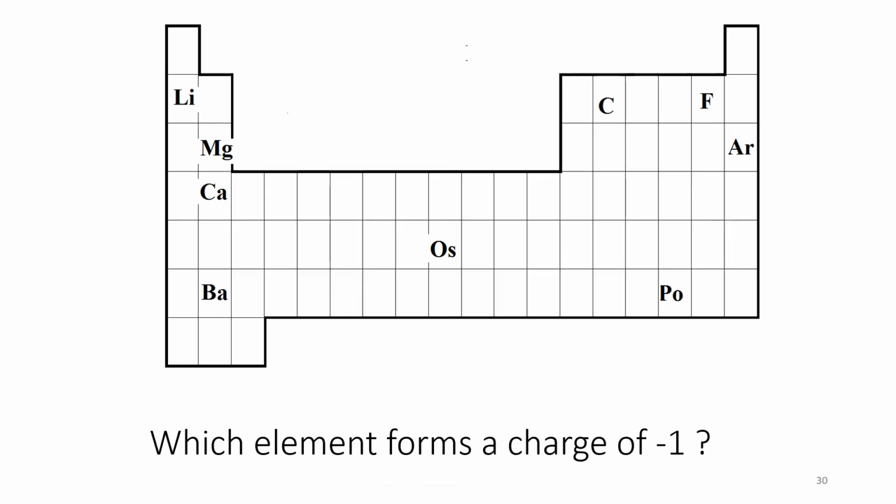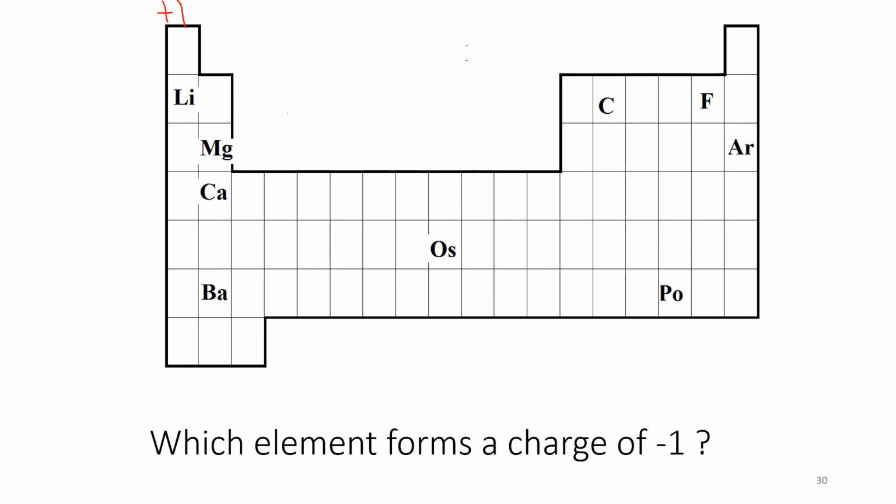Next, which element forms a -1 charge? If you've not done so already, take a moment to label your periodic table with the charge, the ion, or the oxidation state that each of these elements form. You could hear any of those three words.